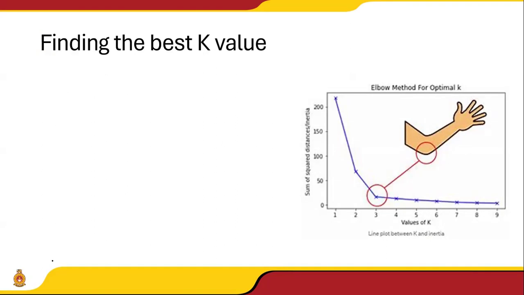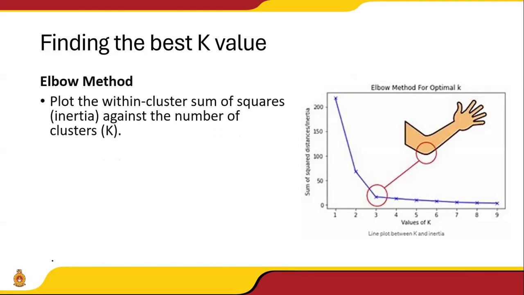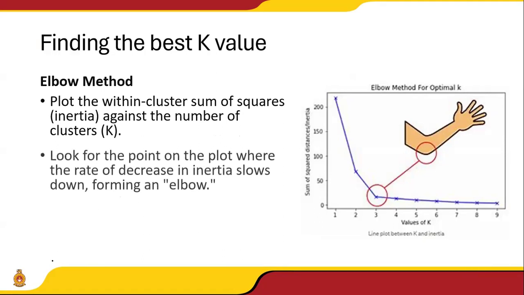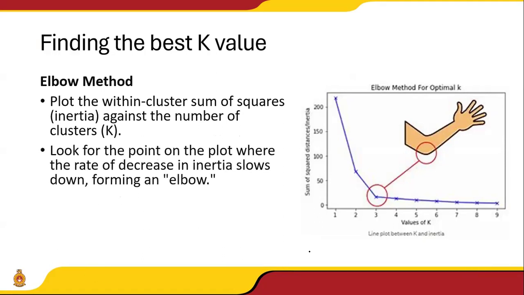Then we plot the within-cluster sum of squares against the number of clusters. Here you can see the number of clusters 1 to 10, and the sum of squared values we have.